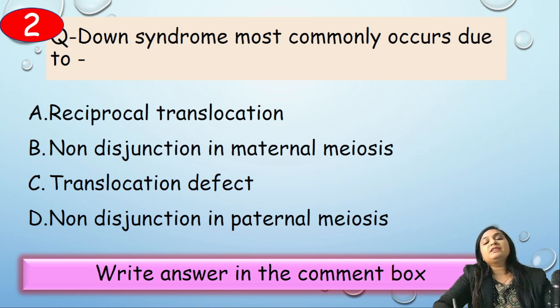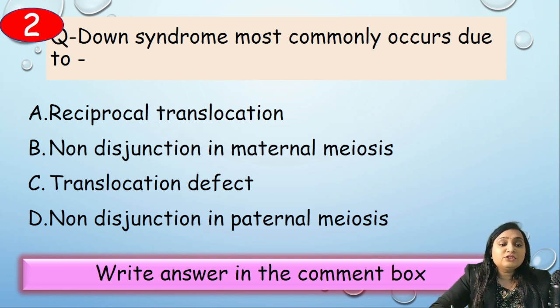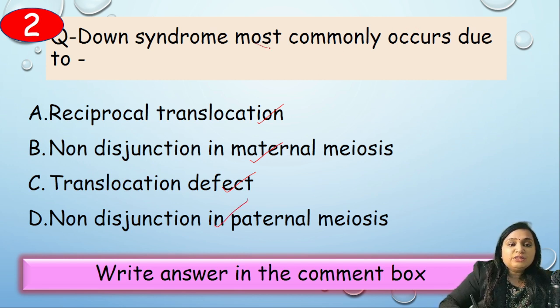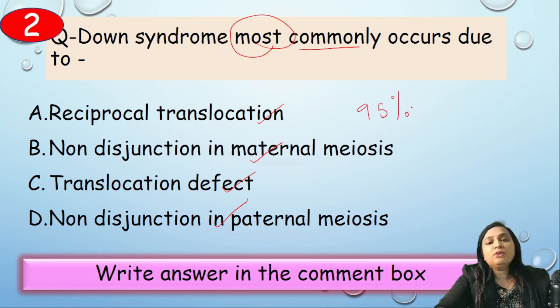The next question is, Down syndrome most commonly occurs due to reciprocal translocation, non-disjunction in maternal meiosis, translocation defect, or non-disjunction in paternal meiosis. Here we need to see the most common cause. We have observed that it is 95% due to maternal non-disjunction in meiosis stage 1.